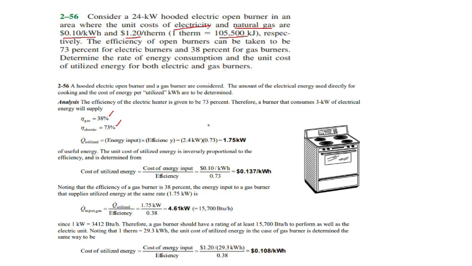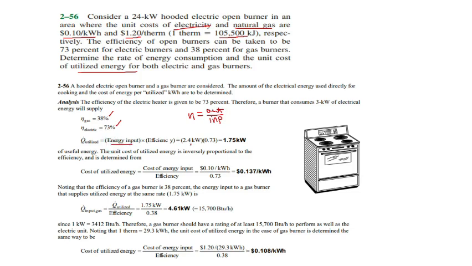So the formula for utilized energy is energy input times the efficiency. Simply, efficiency is output over input. Out means the energy which is utilized. Input is the energy put into the system.